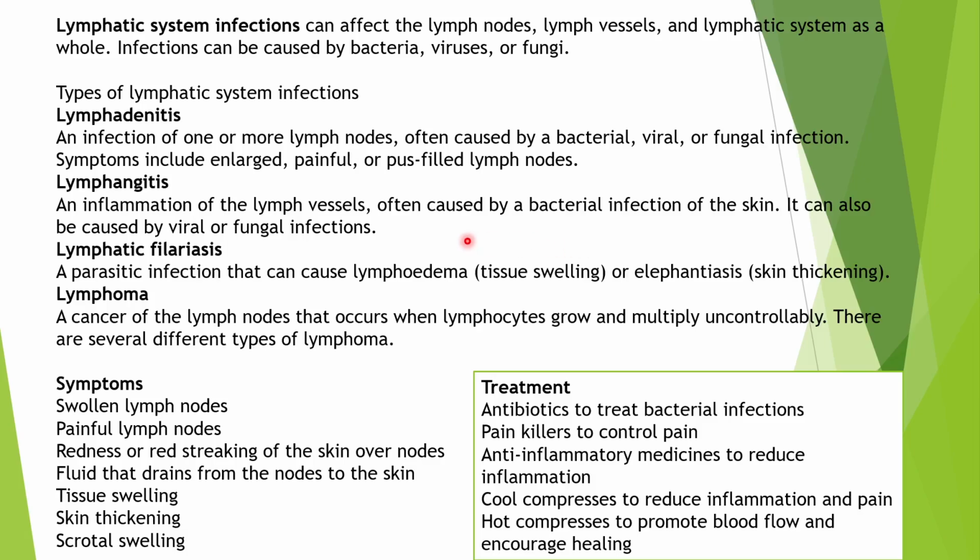So, then we have lymphatic filariasis, a parasitic infection that can cause lymphedema or tissue swelling due to lymph, or elephantiasis. This is skin thickening and swelling and accumulation of your lymph. So this is the parasitic infection. So not only because of bacteria, virus, or fungi, even parasites can cause infection in your lymphatic system.